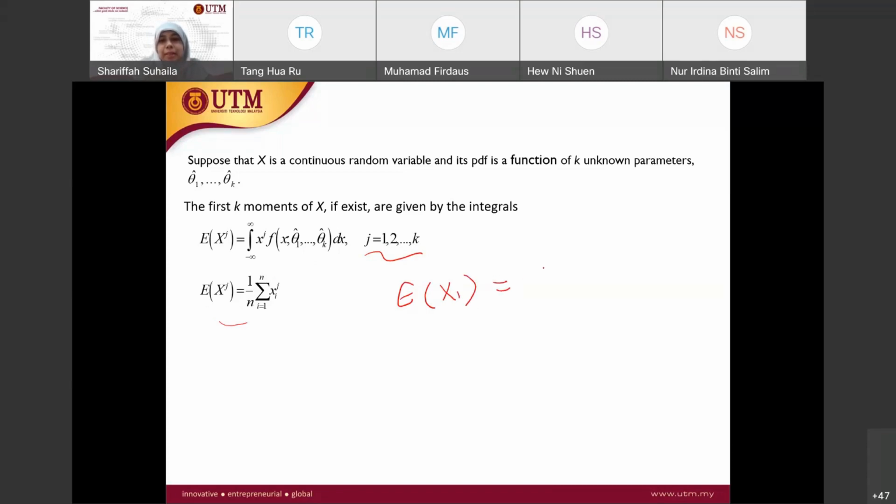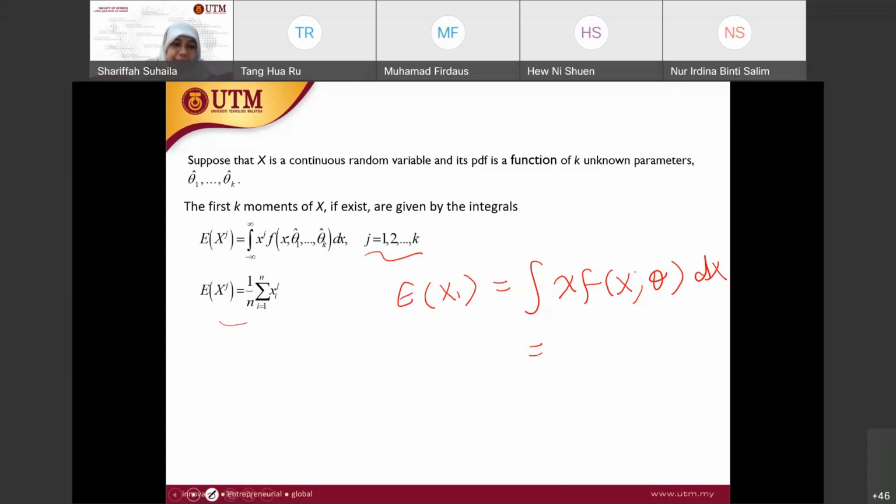Let's say you want to find E of x to the power 1.